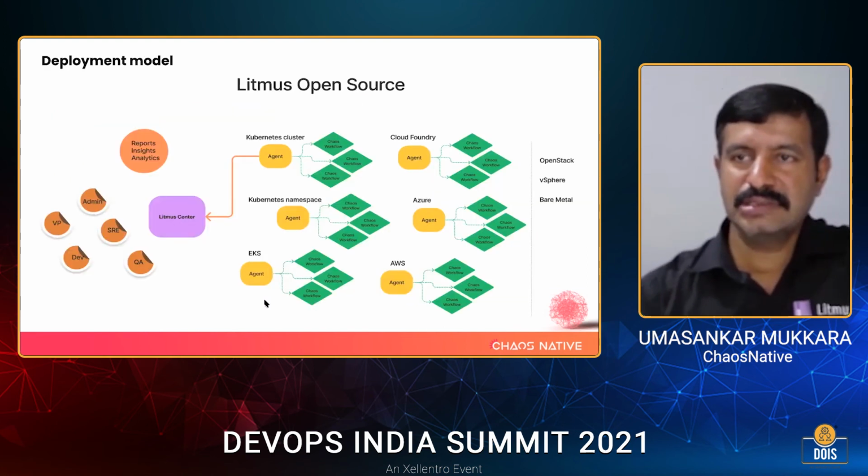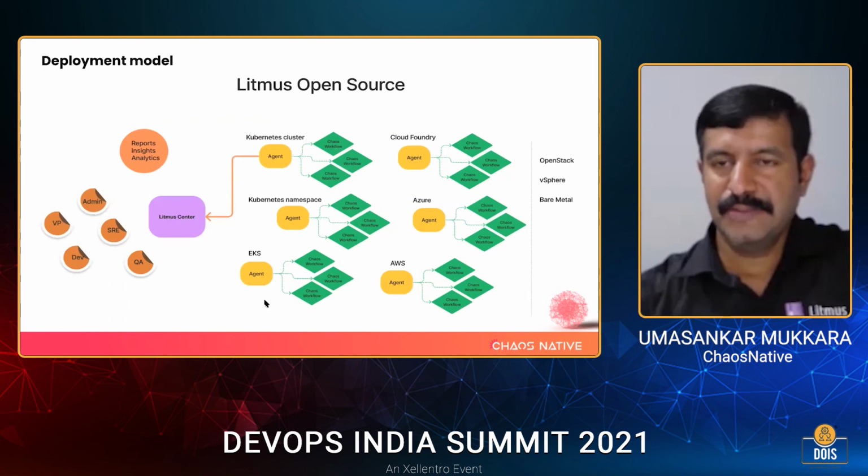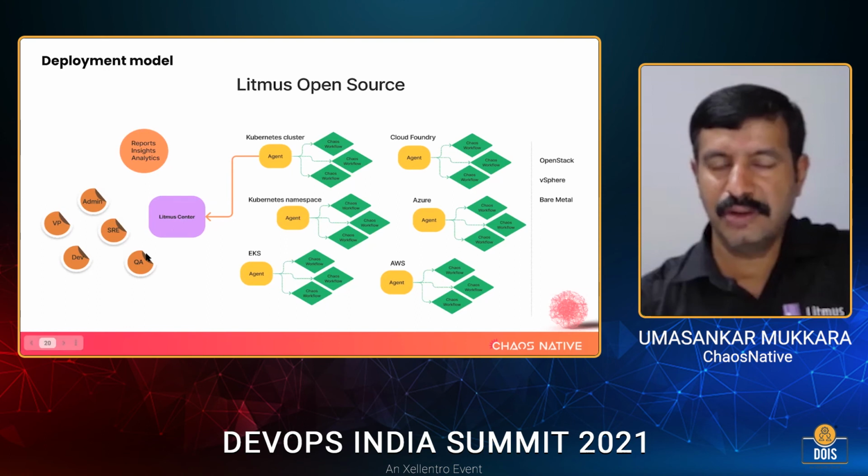So to summarize, the Litmus deployment model is something like this. You start with the Litmus Center, you onboard your users, and you connect to certain monitoring data sources such as Prometheus. Then you start creating chaos workflows and throw them against any of these types of Kubernetes clusters or non-Kubernetes platforms such as AWS, Azure, or you can even go after VMware or bare metal.